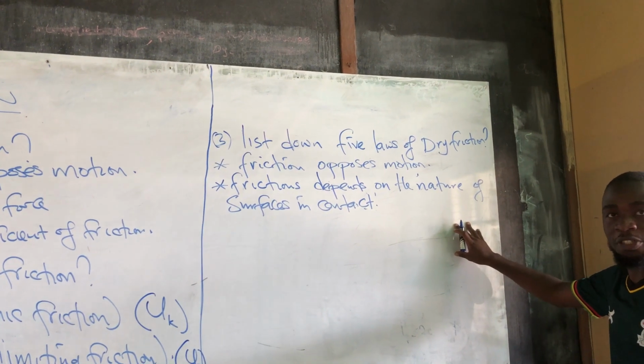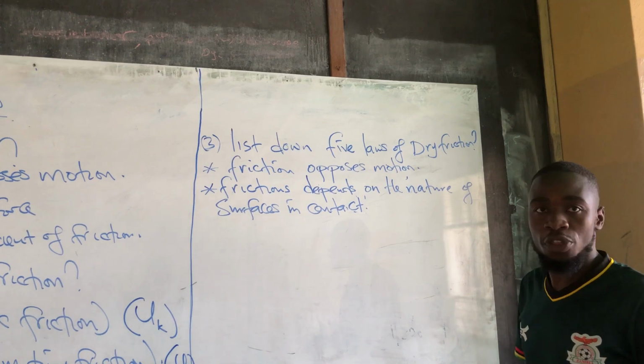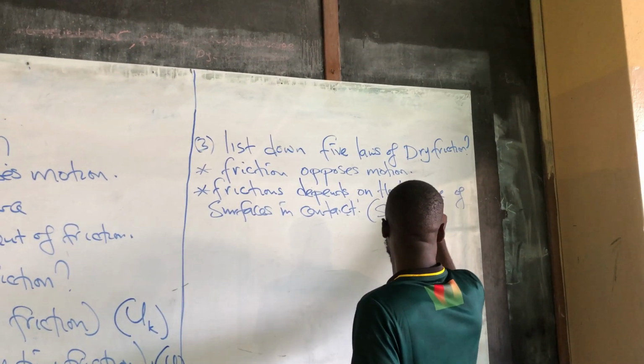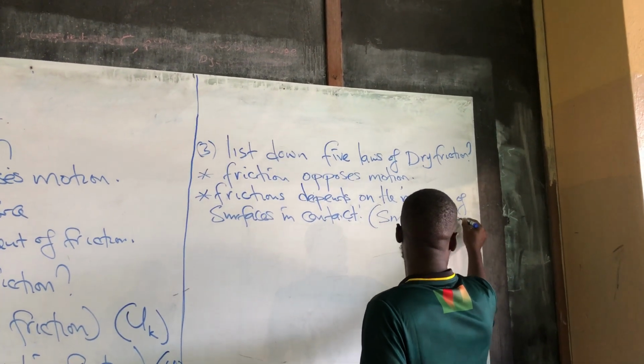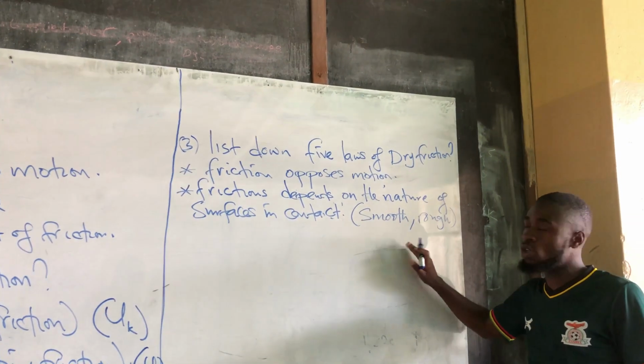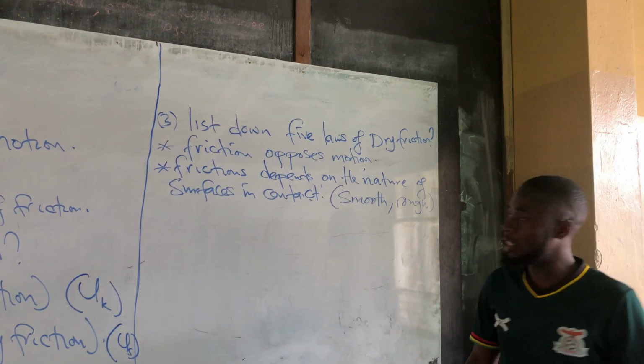What do I mean by the nature of the surfaces in contact? Are the surfaces smooth or not smooth? That's what we mean: friction depends on the nature of the surfaces in contact.